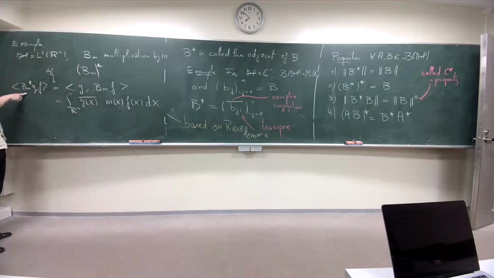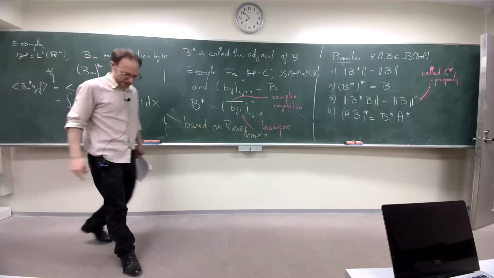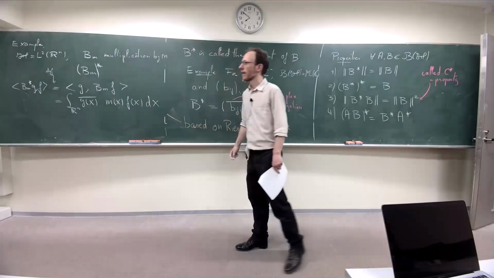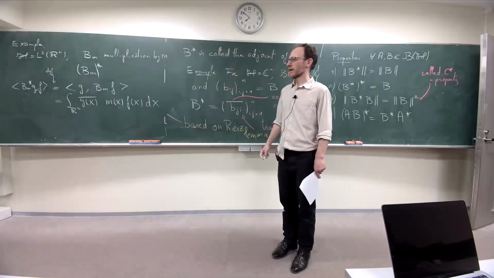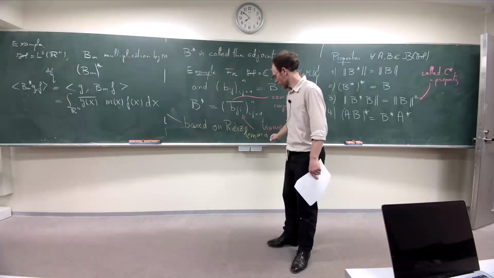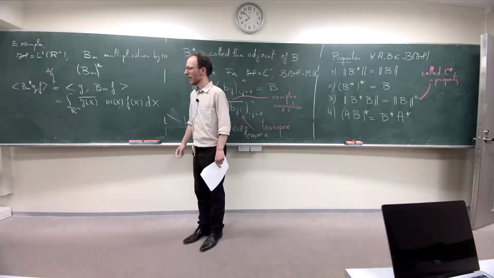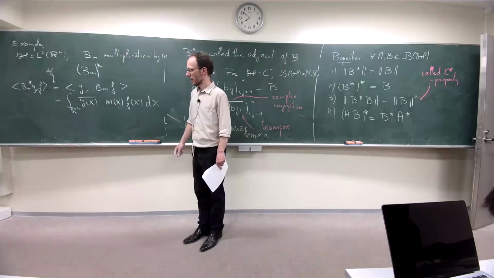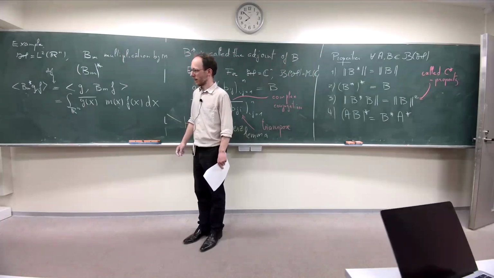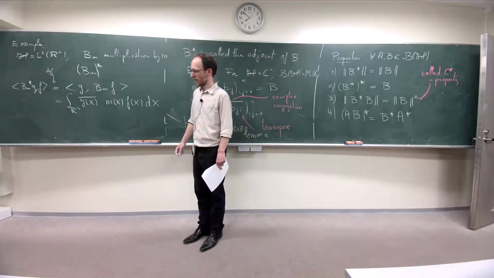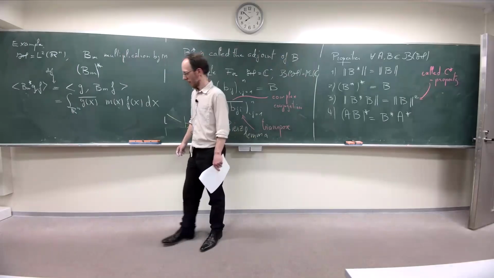I want to have something here. So what do I need to do? Say it again. M bar. Not multiply. Well, I want to multiply, but the operator B_M star, when applied to g, will give us M bar g. Yes.